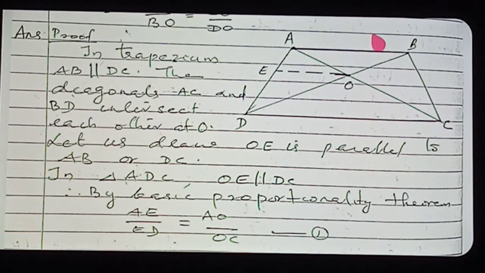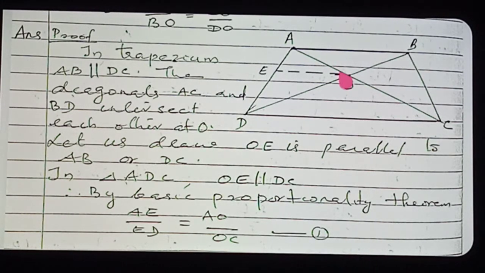That is the proper way to take the triangle. Triangle ABD. In triangle ABD, EO is parallel to one side of a triangle. It intersects the other sides. Which are the other sides? AD and BD at the points E and O. Therefore, there also we can apply the basic proportionality theorem.